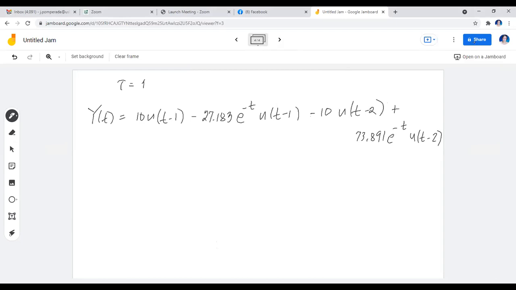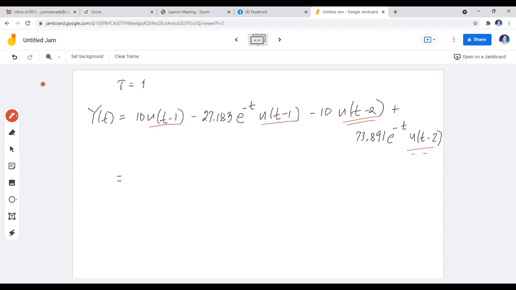The next thing that you do, class, is since they are already grouped together, this is how you're going to write it. You group all the terms that have the same shifting in the u. So this one is 1, this one is 1, and this is 2. I should not have expanded it since I'm going to write it anyway in the same manner.